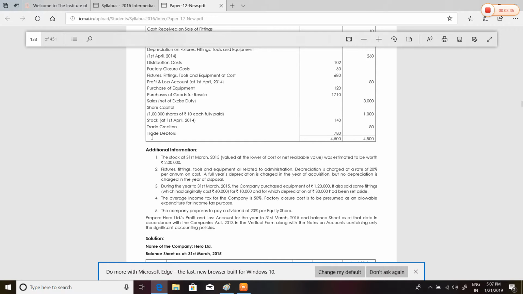Next, during the year to 31st March 2015, the company purchased an equipment of 1,20,000. It also sold some fittings which had originally cost 60,000 for rupees 10,000, for which depreciation of rupees 30,000 had been set aside.